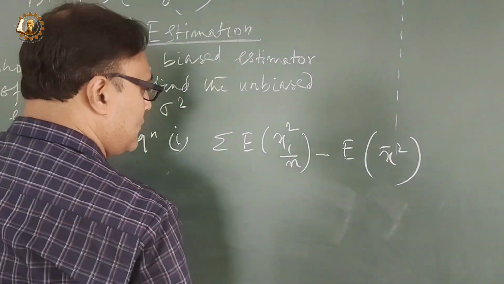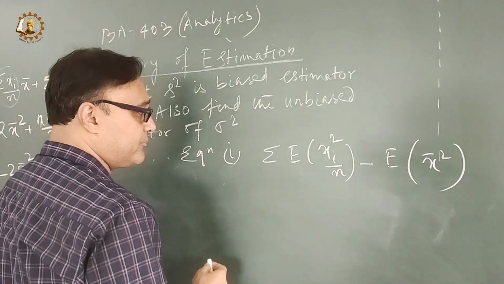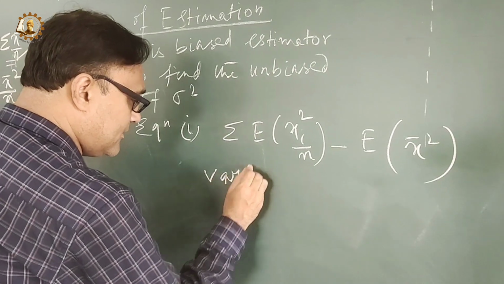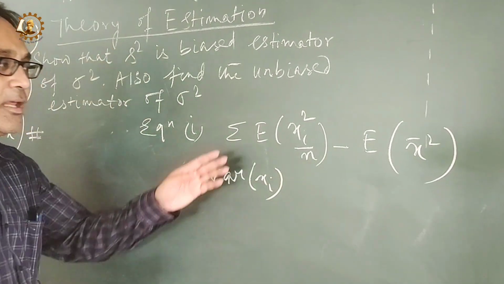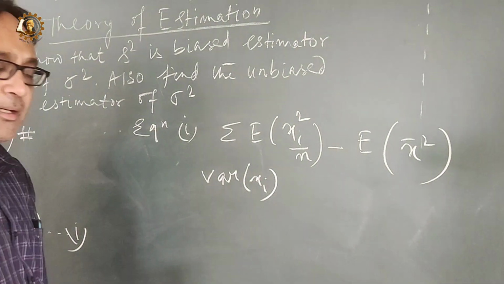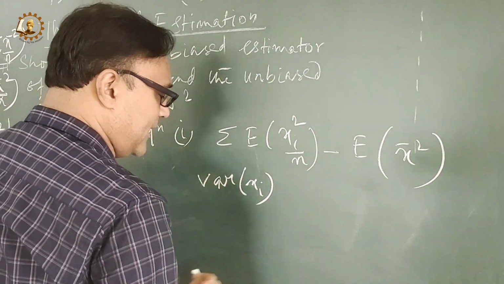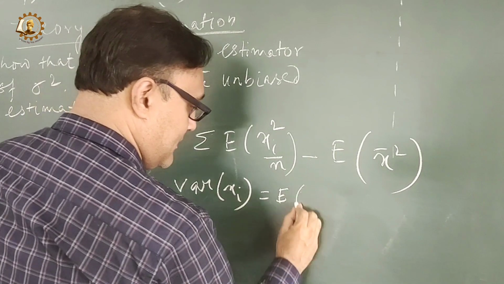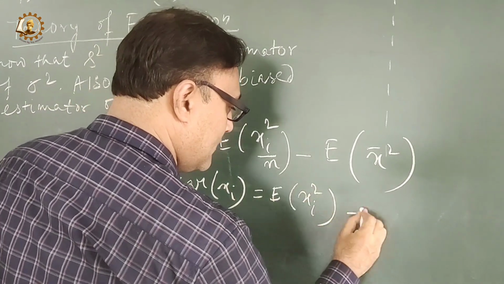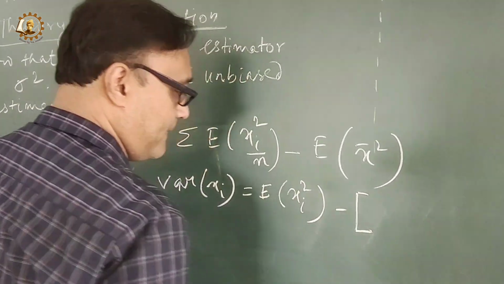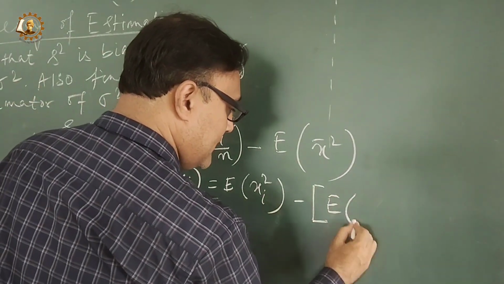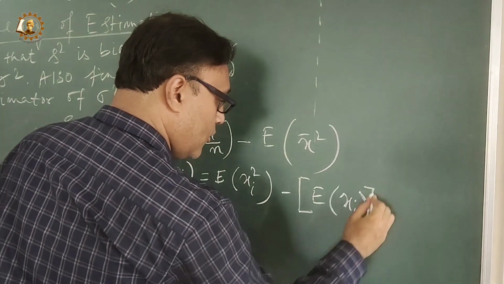Now again, if we go back to the definition of expectation, we know that variance of xi, this is the definition of the variance in terms of expectation, is equal to E of xi square minus E of xi whole square.